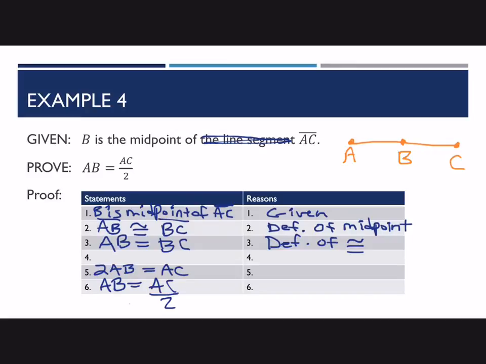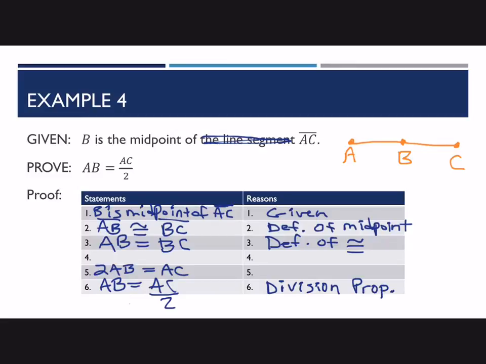This is an algebraic reason, so have that handout on hand as well, or look back at tables 1.5, 1.6, and 1.7. You have some properties of equality, and to get from 5 to 6, what we did is divide by 2. So the reason would be the division property of equality. I'm just going to call this division prop.